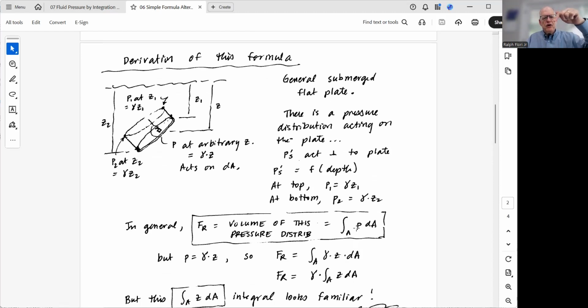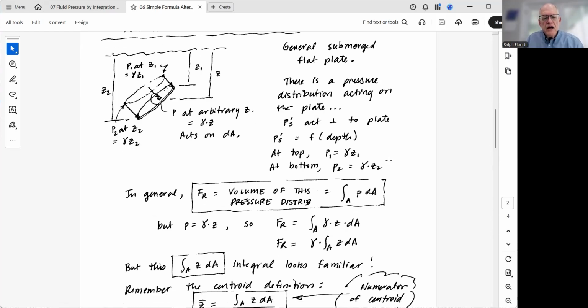Those pressures act perpendicular to the plate. That's one of our rules of pressure. Our other rule of pressure is that pressure is a function of depth. So integral PdA. But if pressure is gamma times Z, you could pull the gamma out of the integral. And so FR is gamma times the integral of Z dA.